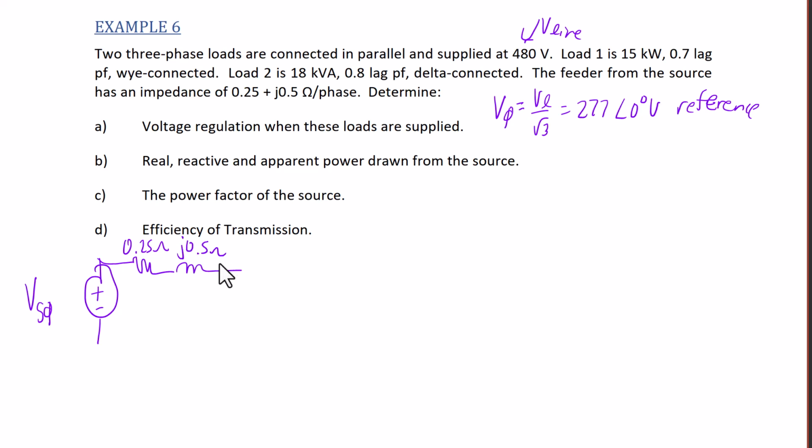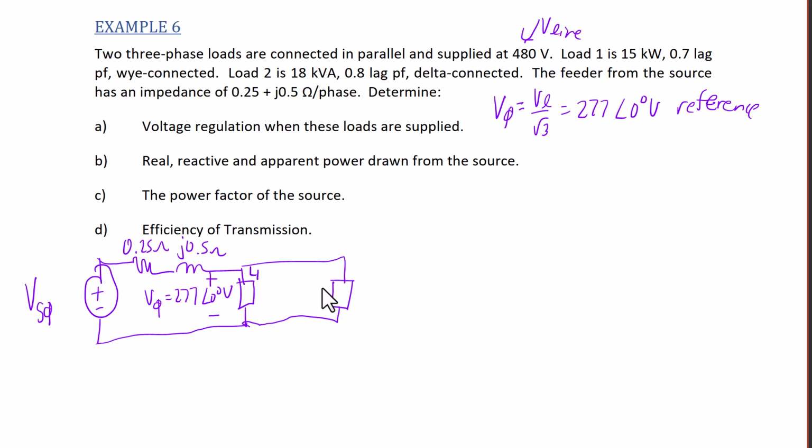So this is for one phase. And then here we have our two loads. We already said that the voltage across the phase will be our reference. So that means that V phase here is 277 with an angle of 0 degrees, and the units are volts.